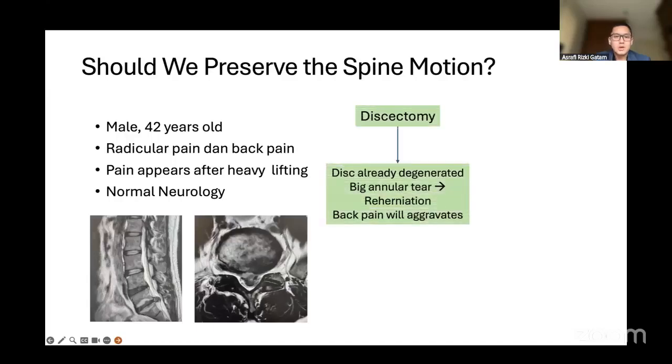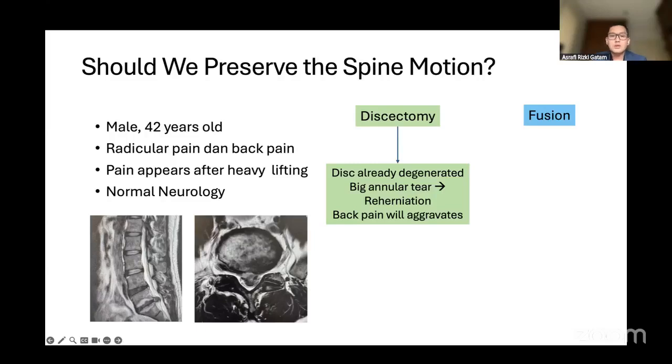So the option is, first, we can definitely do a discectomy, but the problem with discectomy is there is already a big annular tear and a large volume of herniated nucleus. The problem is that reherniation might happen, and back pain will aggravate in the future.